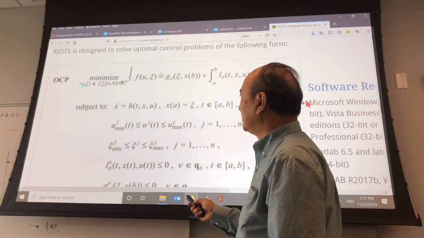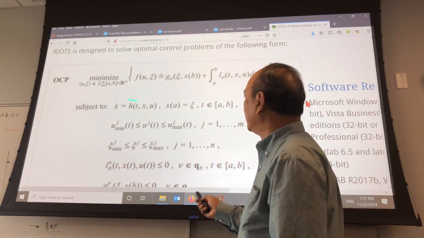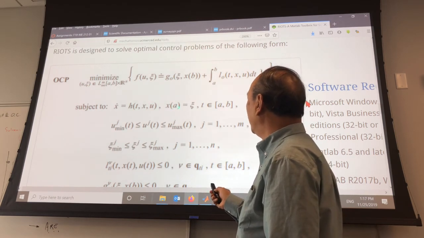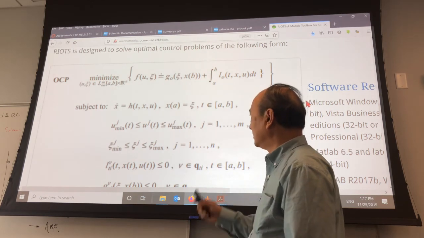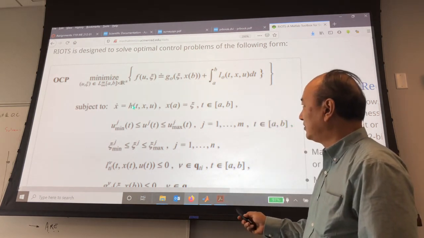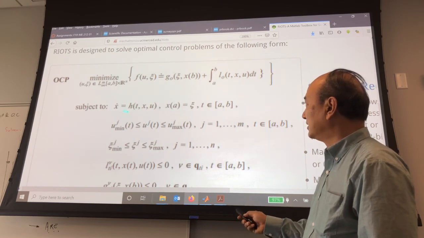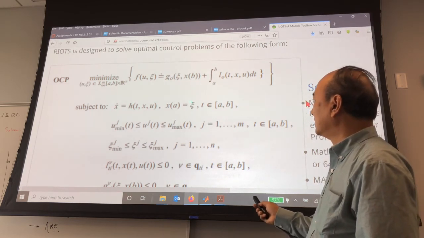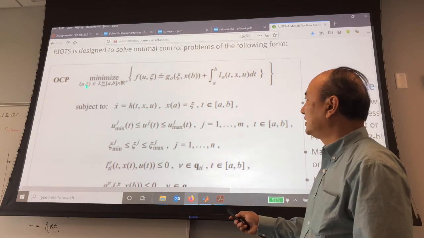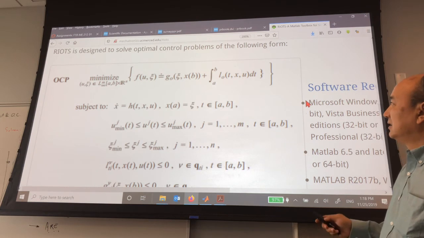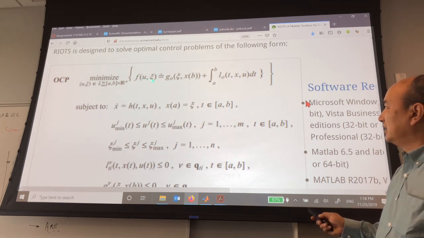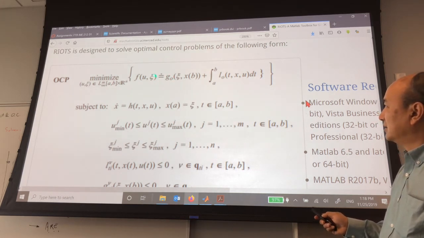So this control signal u, the initial condition x_a, a is the initial time, b is the final time. x dot is h(x,u,t), my dynamic system, with its initial condition. And this initial condition could be put in here for optimization as well. So in fact, my functional is a function of the control and the initial state.